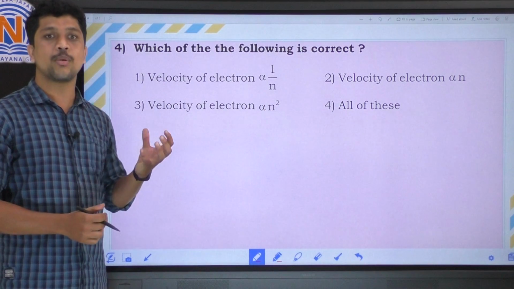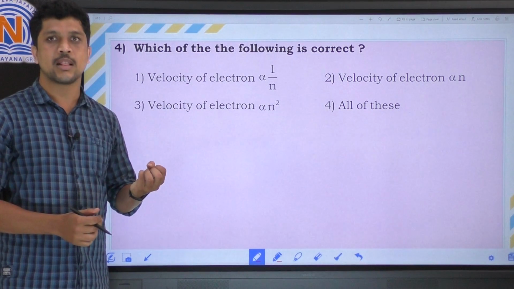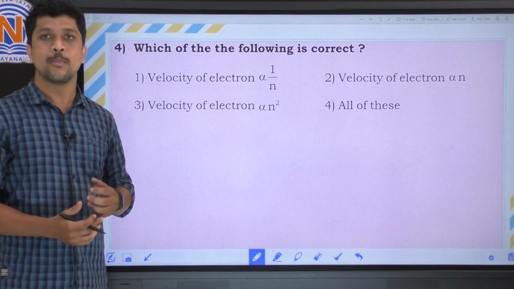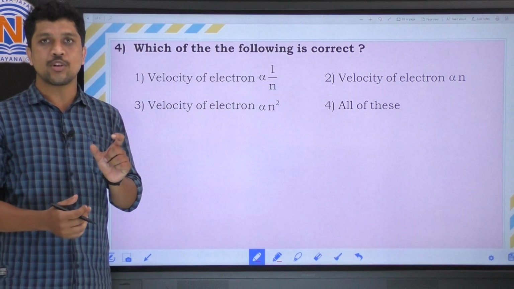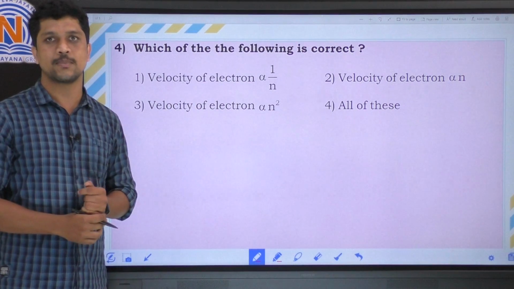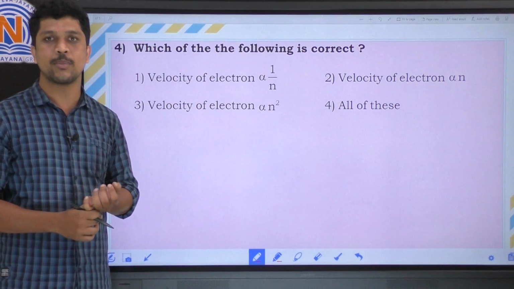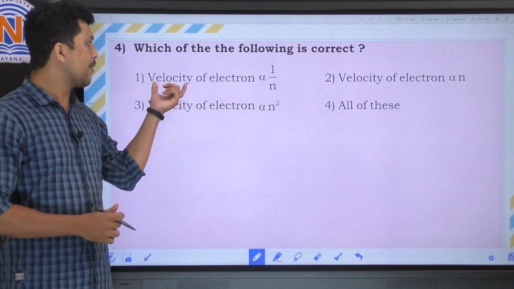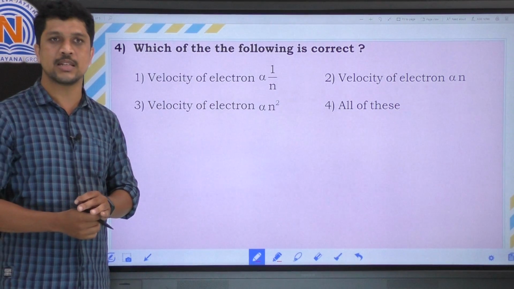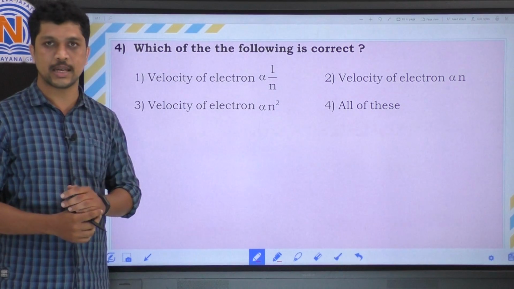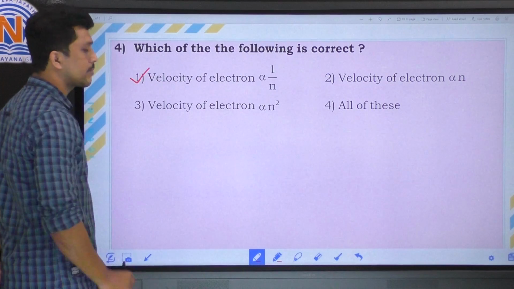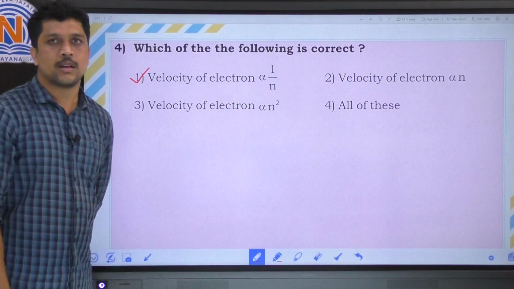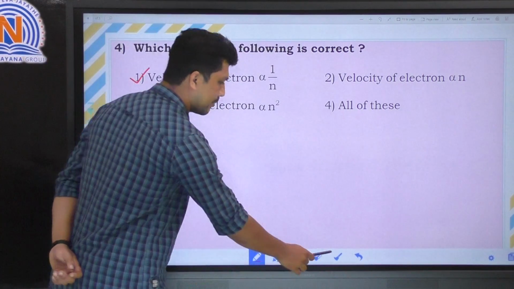If the orbit number increases, the velocity will decrease, because increasing orbit number means the electron will be very far from the nucleus. So if the velocity of an electron increases, the orbit number decreases. So the correct relation is the first relation. Let's move on to the next question.